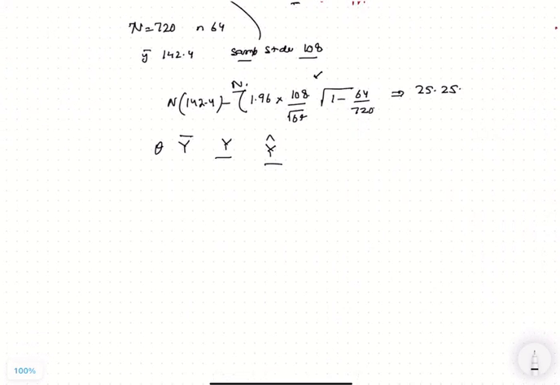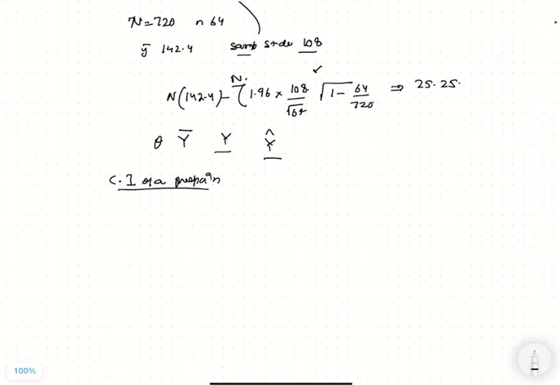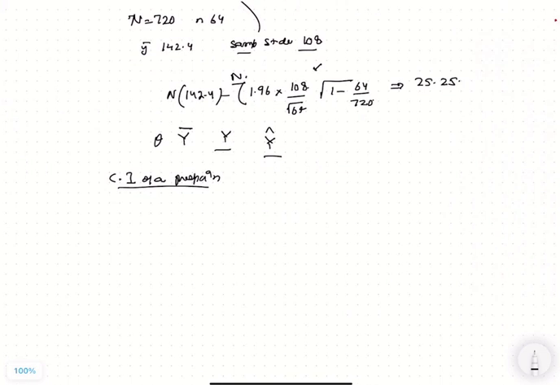Now the next is going to be the confidence interval of a proportion. How do we calculate that? So when population can be classified into two classes. So suppose we have a population and we can classify that population into two classes, say class A and class A complement.